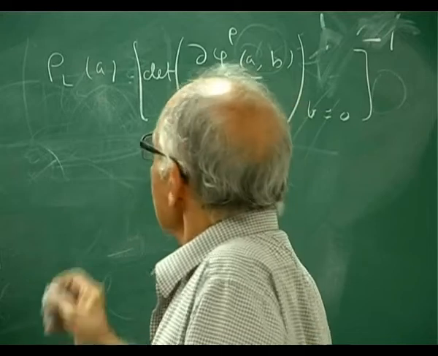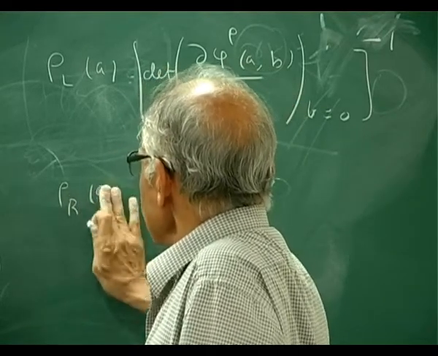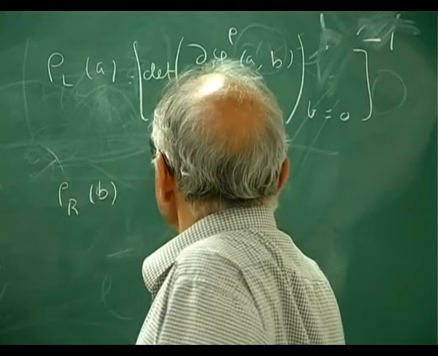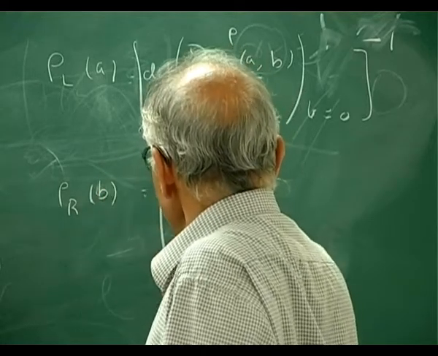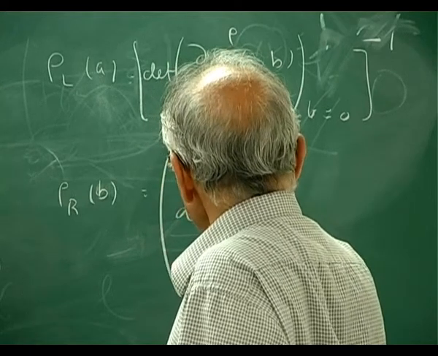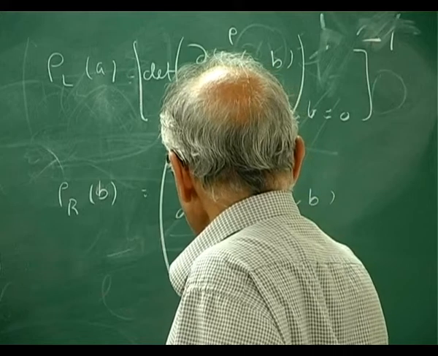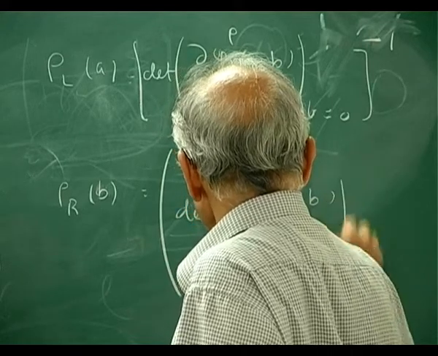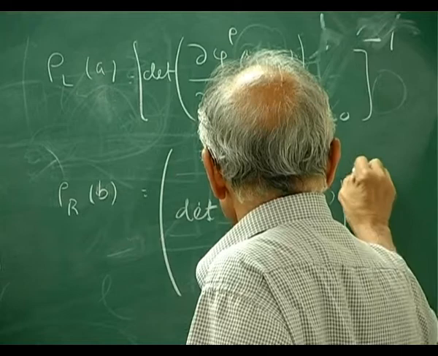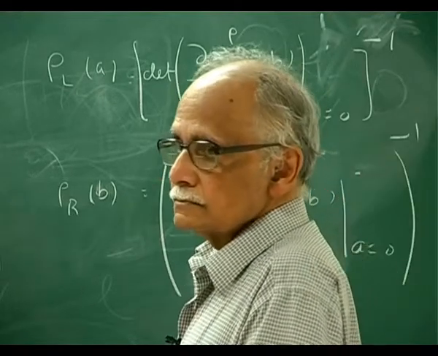Okay. Likewise rho R of A, well, let me call it rho R of B, will be determinant of d phi rho of AB or dA sigma, A equal to 0 inverse, this inverse. Okay.